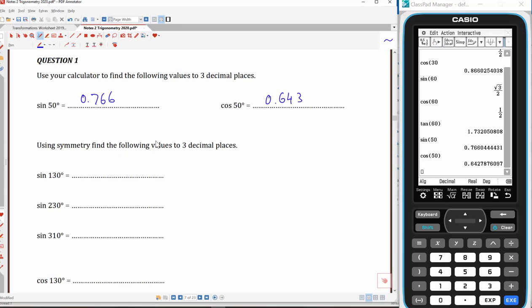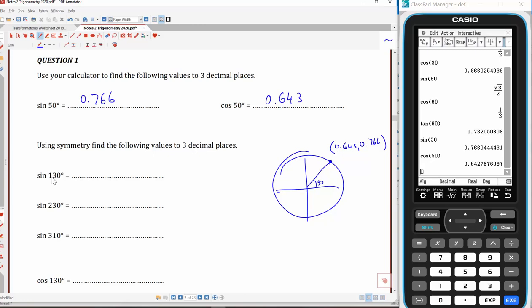Right, using symmetry, find the following values to 3 decimal places, i.e. you're not supposed to use your calculator for this. Right, so let's draw what I call a dodgy unit circle, and we're going to approximate 50 degrees. There it is there, noting that sine is the y value and cosine is the x value, 0.643, 0.766. So both of them are positive.